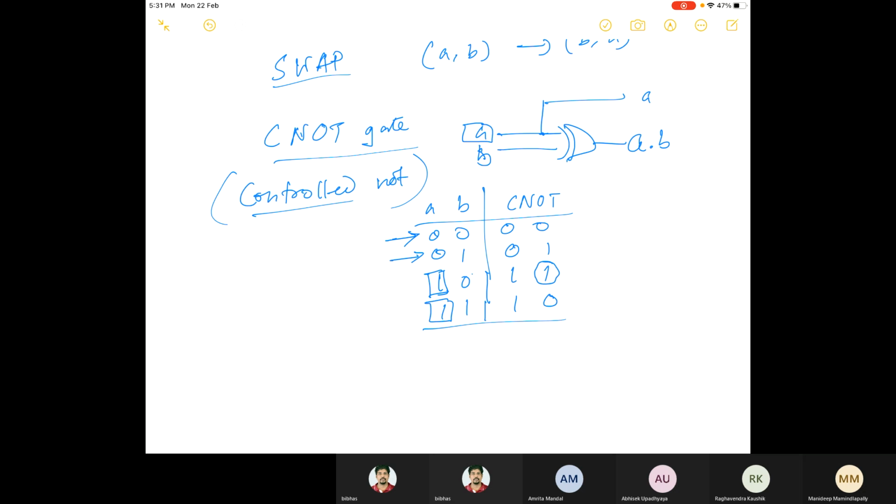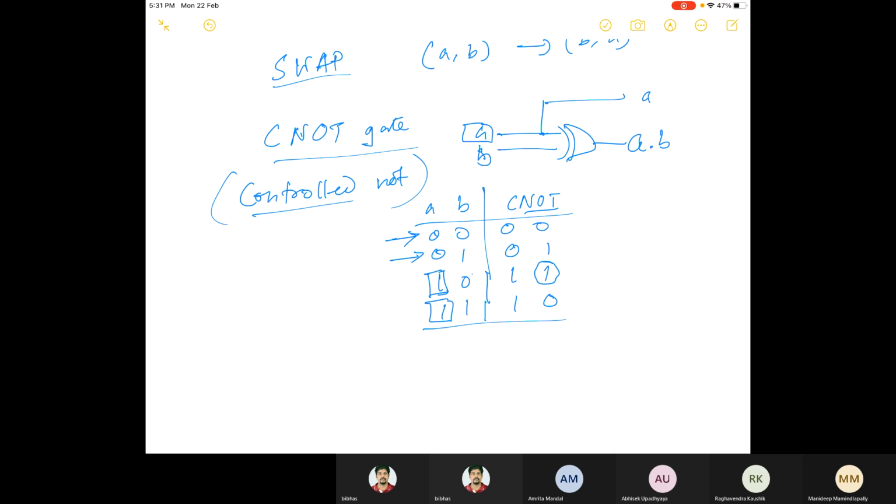That means if the first bit is 1, only then will it flip the second bit. So the target is controlled. The entire operation is controlled by this, and it is control not because flipping means actually NOT. You are applying the NOT gate. That's why it is called the control not gate.